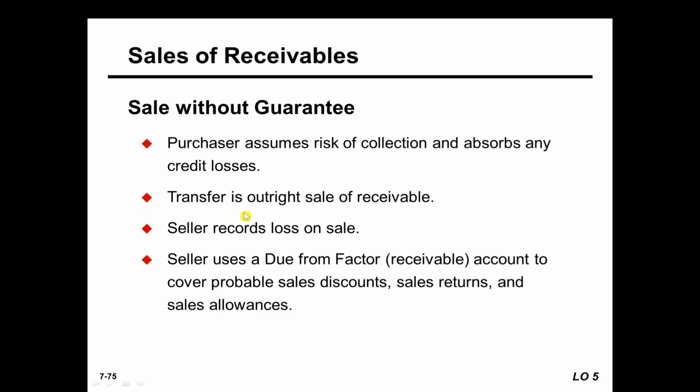So the receivable is theirs to have, and the seller records a loss on sale. The seller uses a due from factor receivable account to cover probable sales discounts. The purchaser is the factor, the seller is the company. So the company uses due from factor, or that is a receivable, to cover some sales discount.